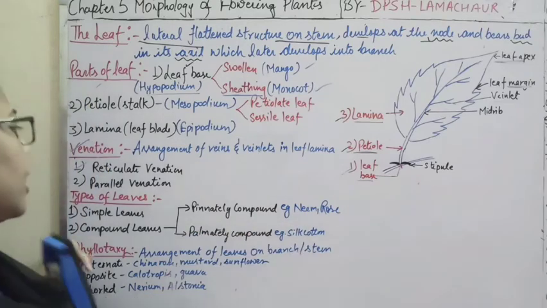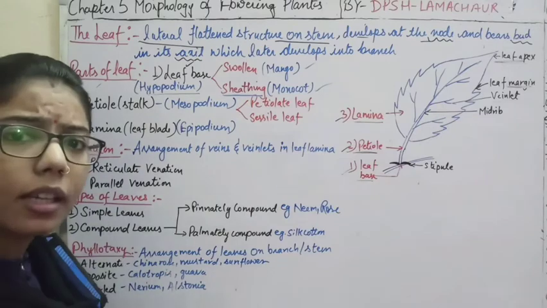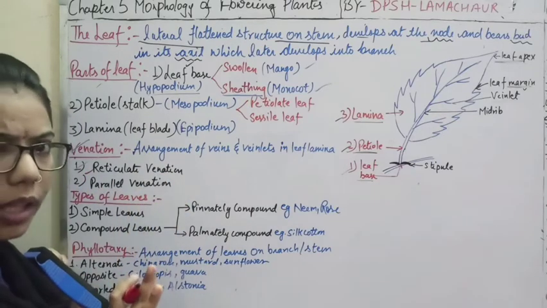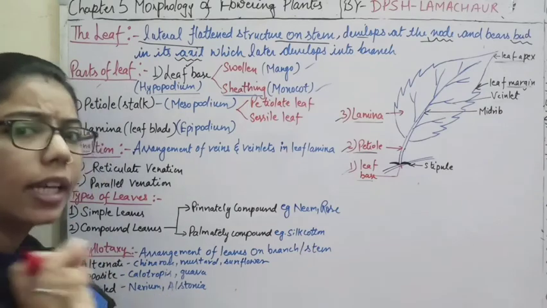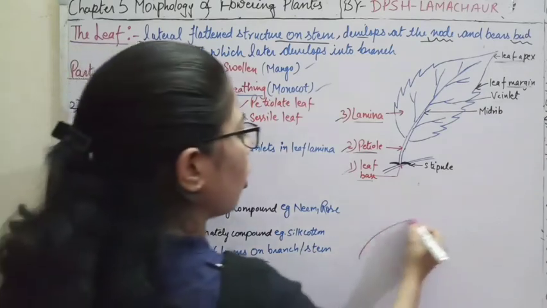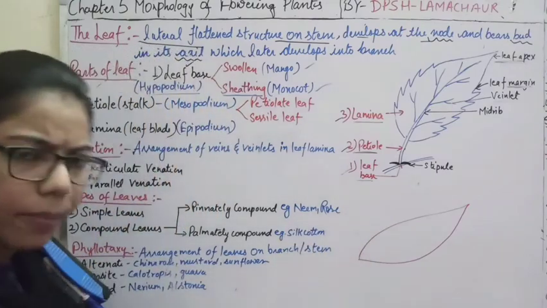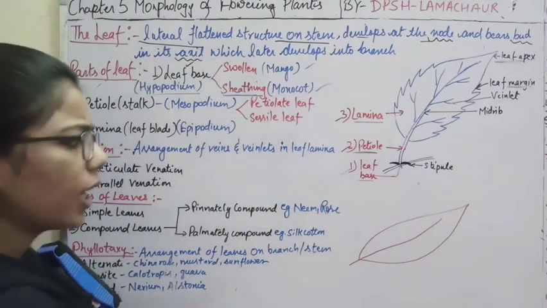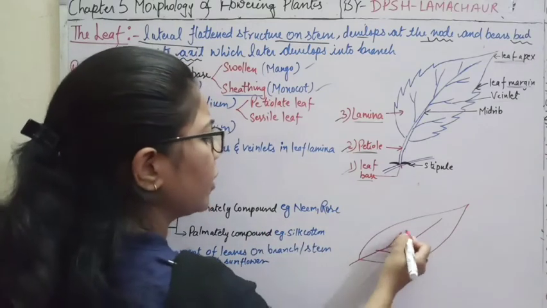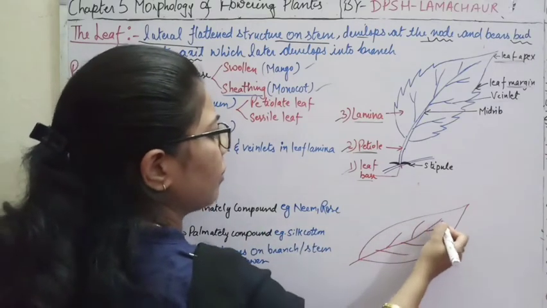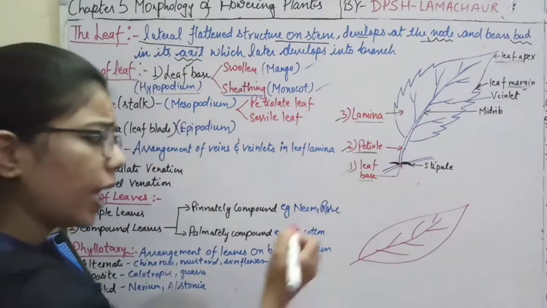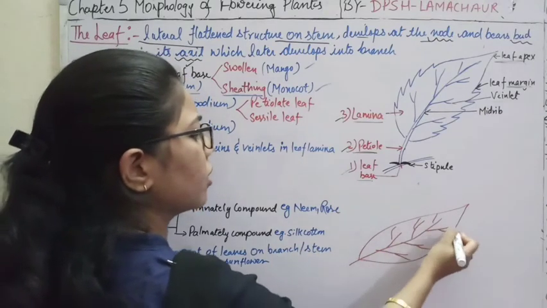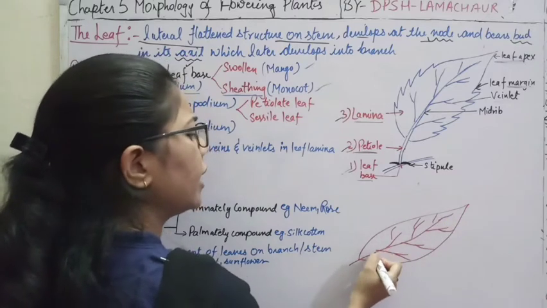Now we will understand the first one, that is reticulate venation. Reticulate means network-like. Okay, make sure you know what reticulate means: network-like. If I draw one leaf like this, here this is the midrib, and here different veins are arising, and from these veins different network-like structures are formed.